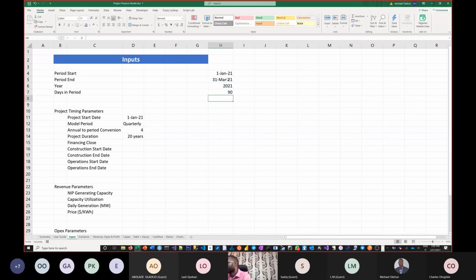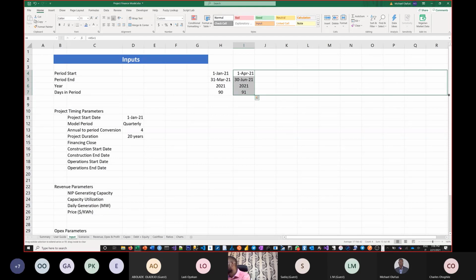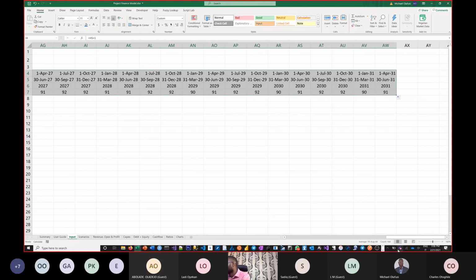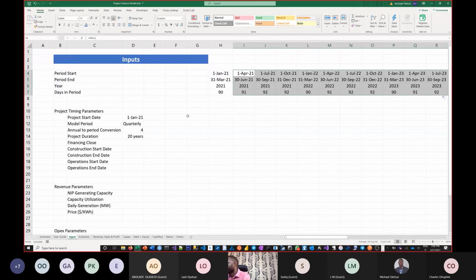So that gets us exactly how many days in that period. I like to make it central. So this one is going to be equal to this plus 1. Every other thing I can drag, so this will get us the 20 years, or drag it to the number of years we want.